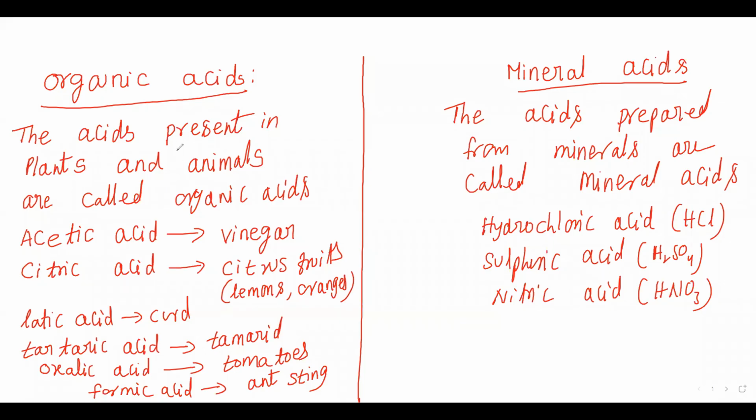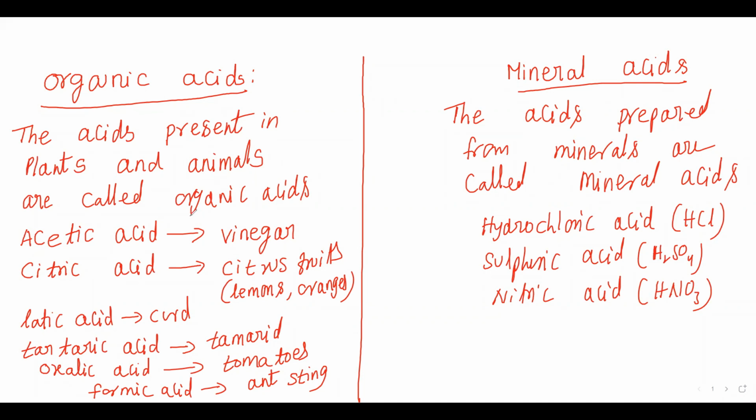So generally we find two types of acids. The first type is organic acid, which is present in plants and animals. The next is mineral acids, which are prepared from minerals in the labs. Organic acids are weak acids.